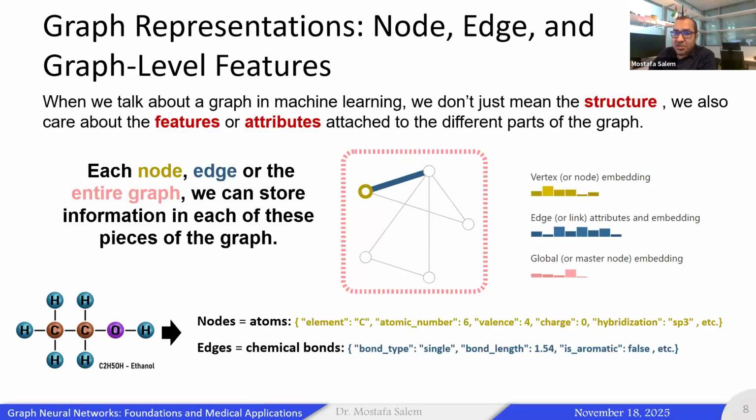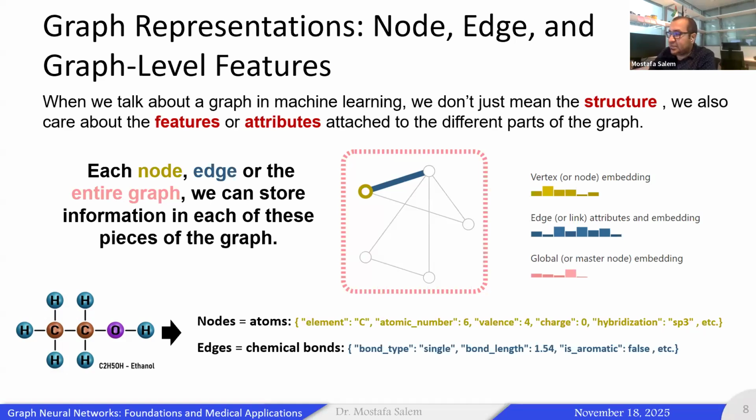And the edges are the chemical bonds between atoms. I can also add for each edge some embedding or some features, like bond type, single or not single, bond length, and any other information related to this field.